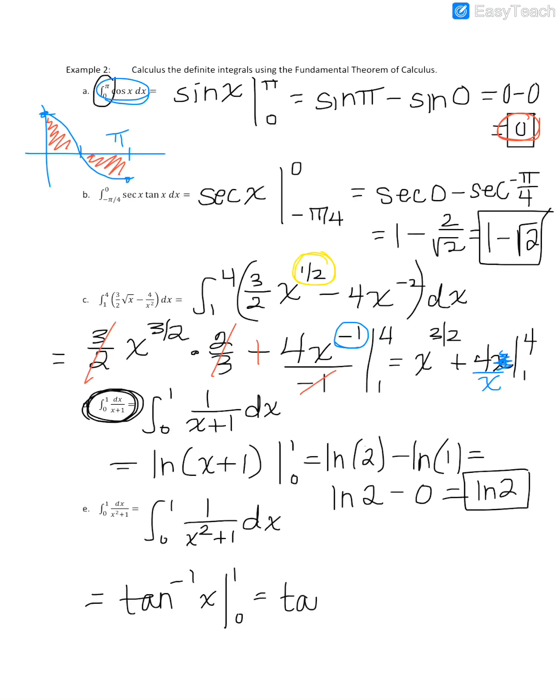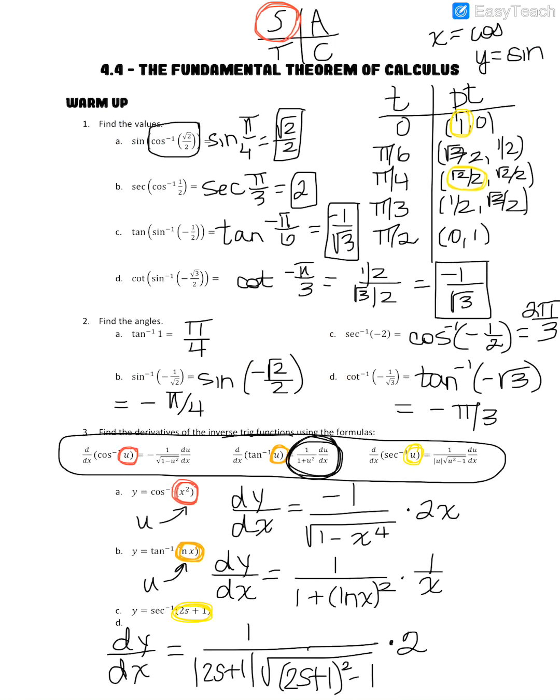So we're going to plug in the 1 first, inverse tan of 1, minus inverse tan of 0. This is another great chance for me to use my t-chart. So let's look back. First one was inverse tan of 1. So I'm looking at which angle would give me a tangent of 1. Remember, tangent is y over x.